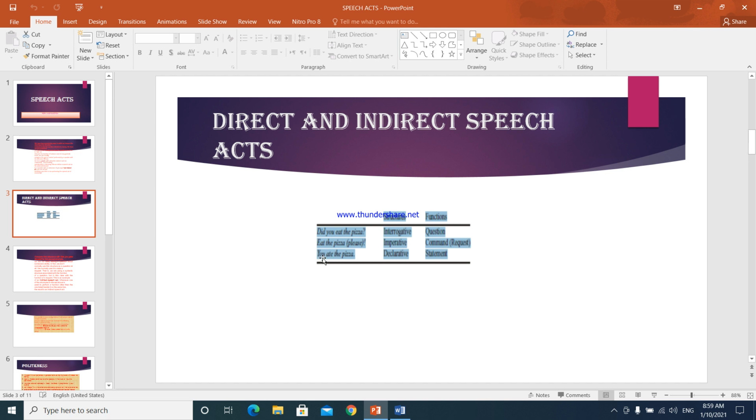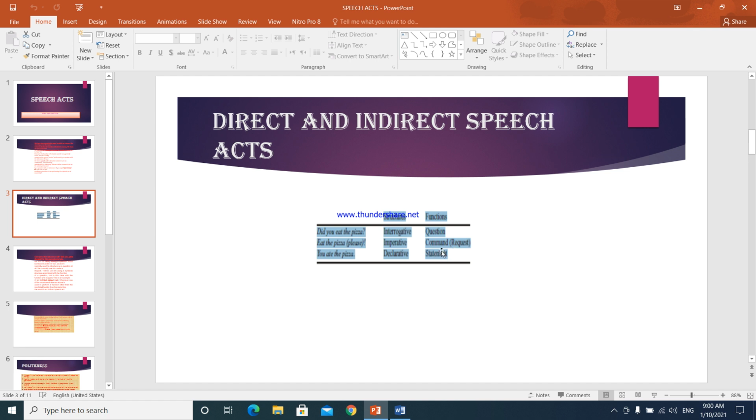And if I say you ate the pizza, the structure is declarative, and the function is a statement to give information. In sentence number 1, we are asking for information. In sentence number 3, we are giving information. And if we give information, the sentence is called a statement.